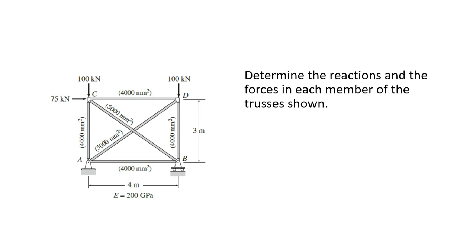But, hindi po. Dahil sobra yung bar forces. We have a cross brace here. Yung AD tsaka BC. Which means, sobra yung members. Okay, ibig sabihin, it is statically indeterminate internally. Because it is what? Sobra siya ng isang member.